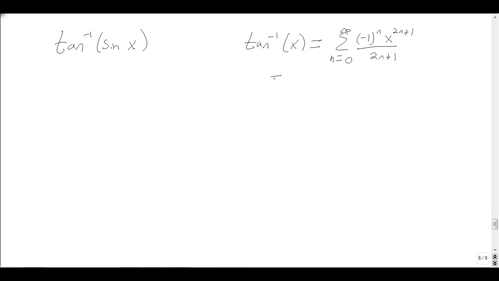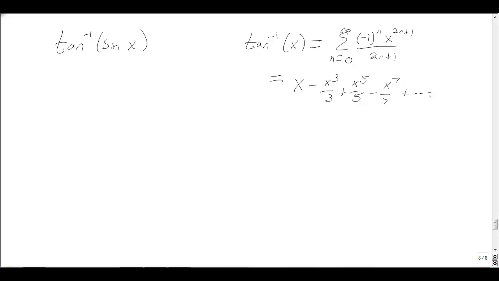So what that is if you plug in n equals 0, you're going to get an x, and then minus x cubed over 3 plus x to the 5th over 5 minus x to the 7th over 7 plus blah, blah, blah. So there's your inverse tangent x here.